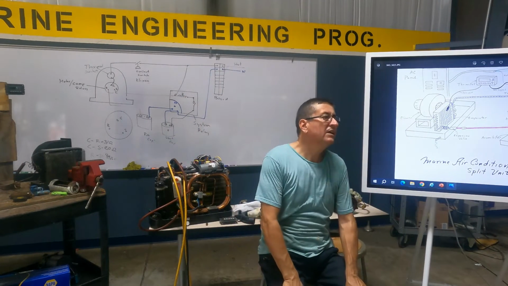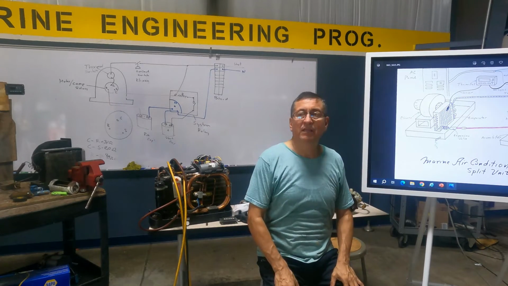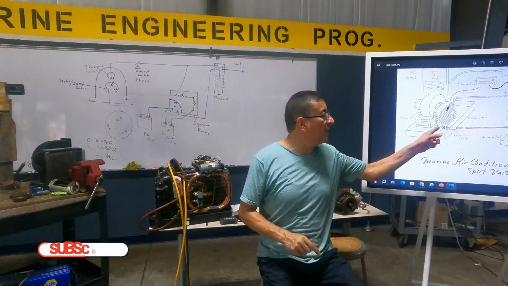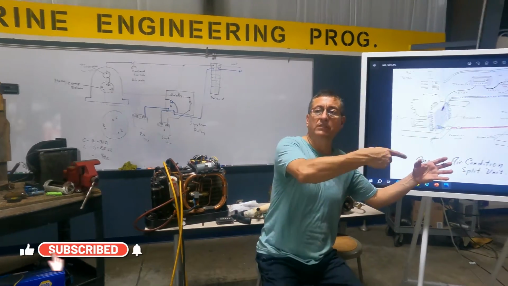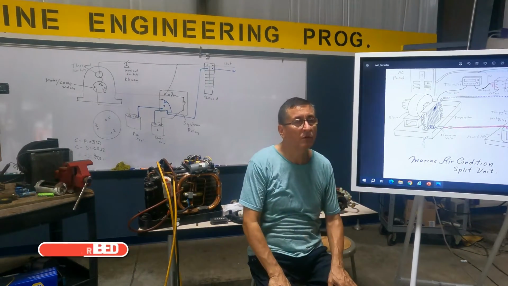In some cases, if you want to replace the evaporator with a bigger evaporator, you call the manufacturer and they say, okay, you can, but you need to replace the amount of capillary coils, and you need soldering, of course.